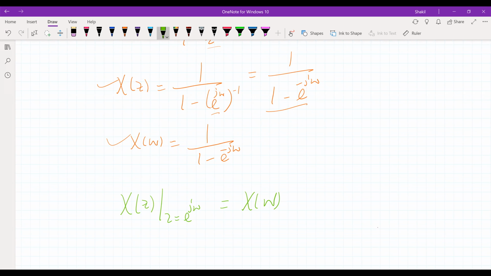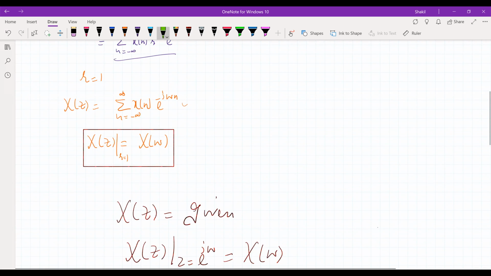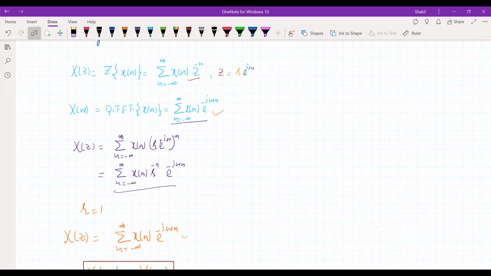Now, how do we get the Z transform from here? If x of omega is given, or in other words, if x of n is given, we take the discrete time Fourier transform of x of n multiplied by r to the power minus n.